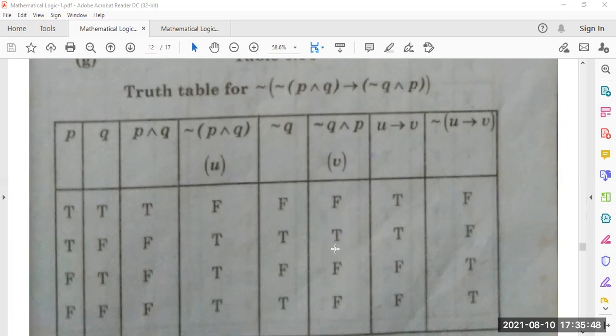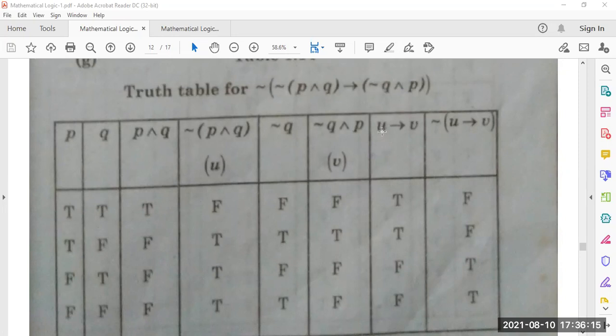Now, we are taking this implies this. Implication means only TF is F. Otherwise, all are true. So FF, T, TT, T, TF, F, TF, F. Clear?